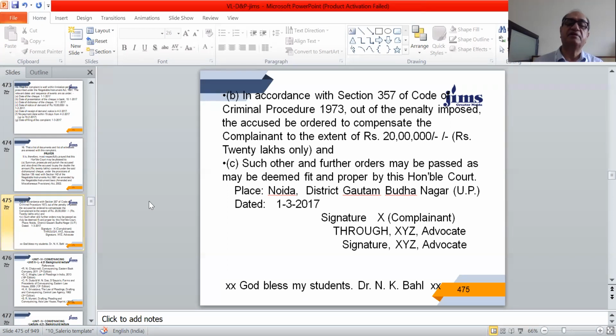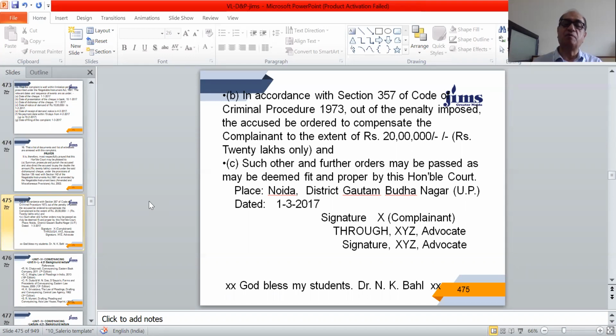And the third relief is the usual one: such other and further order or orders as may be deemed fit and proper by this honorable court may kindly be passed. After the framing of relief, you will write down the place where this complaint was drafted. Place is Noida, District Gautam Buddha Nagar, UP. Date of filing the complaint is 1st March 2017.